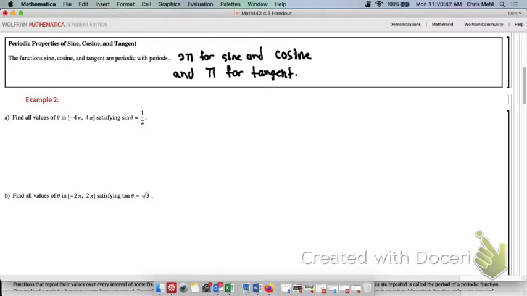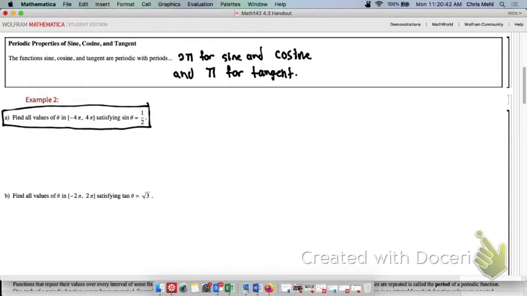Okay, now in the examples here, we're going to use what we know about the periodicity of the graphs of sine and tangent. In part A, I want to find all of the angles from minus 4 pi to positive 4 pi, satisfying sine of theta equals 1/2.